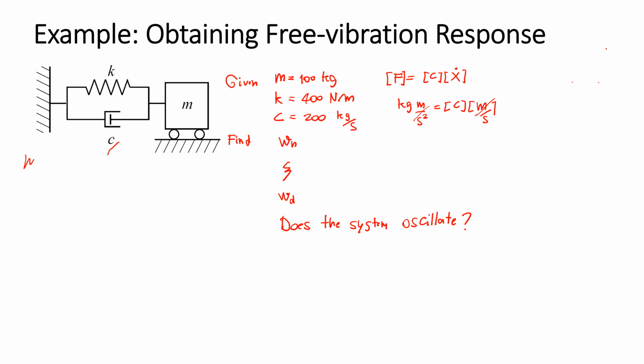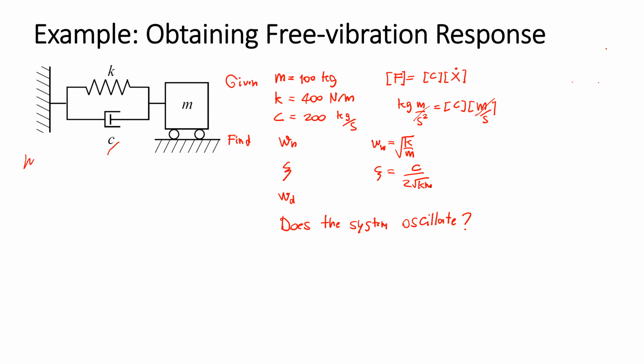Do you have any idea on this? How can we obtain the natural frequency? The natural frequency is equal to the square root of k divided by m, so you can compute it. How about the damping ratio? The damping ratio is c divided by 2 times the square root of km.